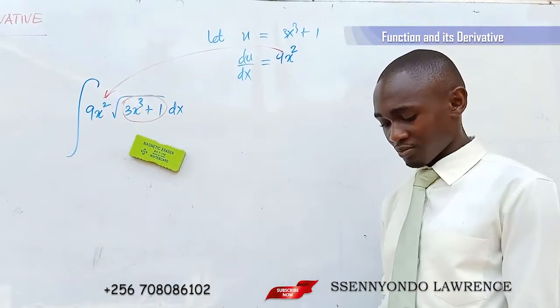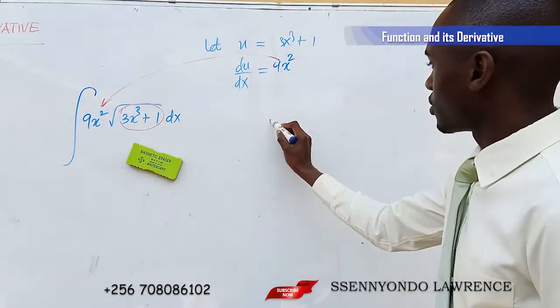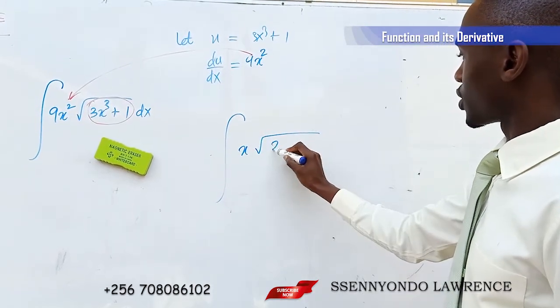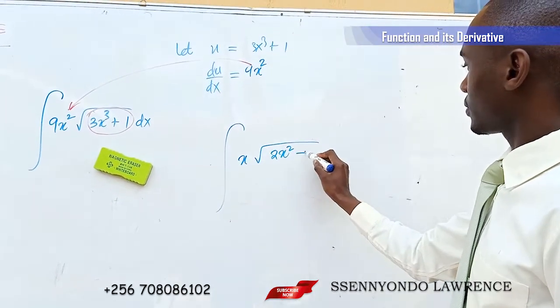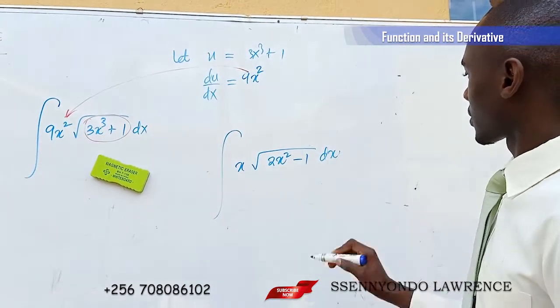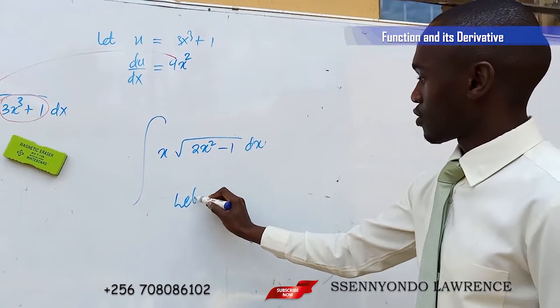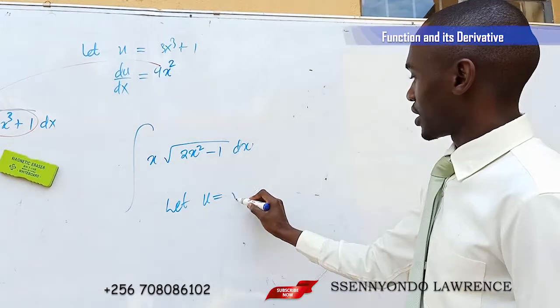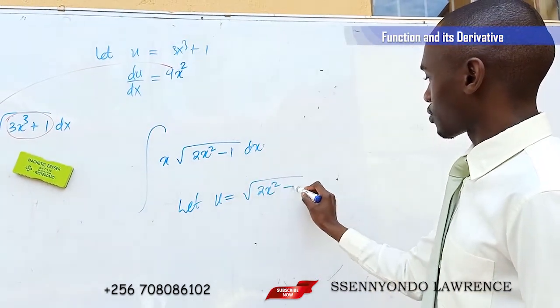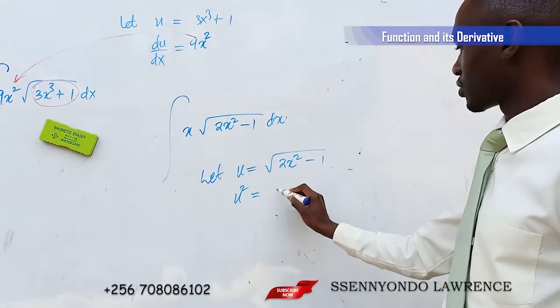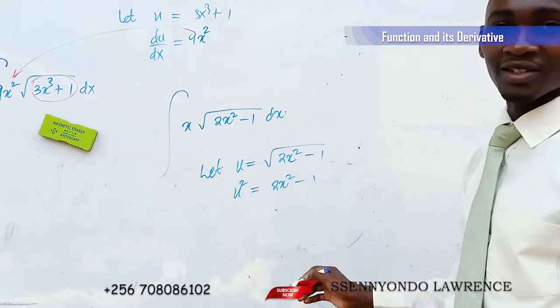be as expected. For example, when you look at the derivative of this situation, normally one would let u be the square root of 2x squared minus 1, for example, squares both sides to get u squared equals 2x squared minus 1.